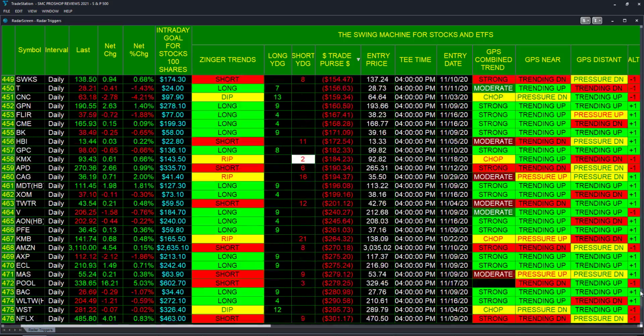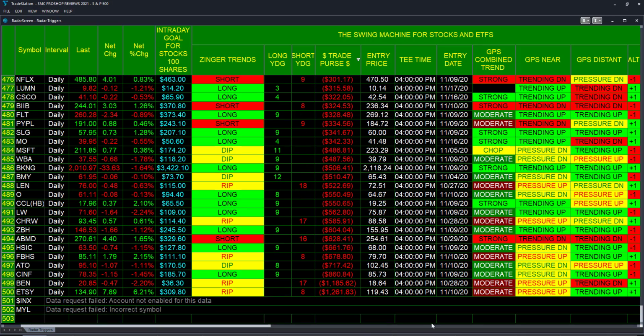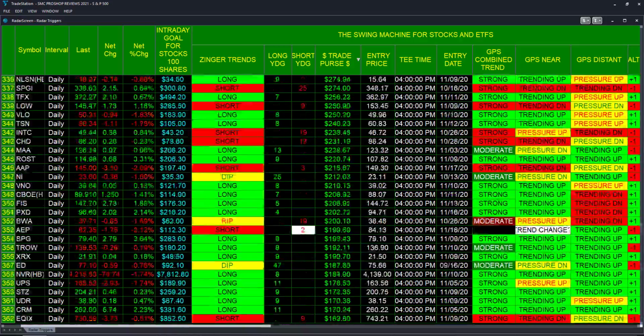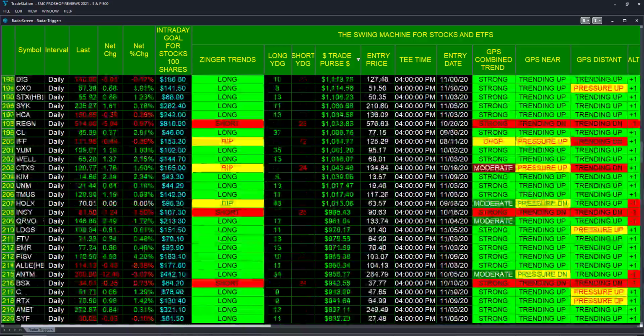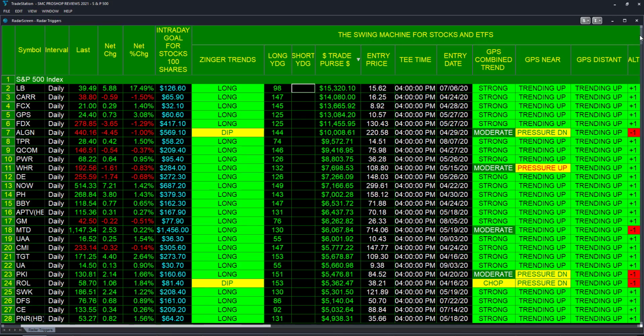Now, does Swing Machine win on every single trade? No, it does not. But it does get us into trends. And that's what we're trying to do. We're trying to get into the trend and we're trying to ride the trend.